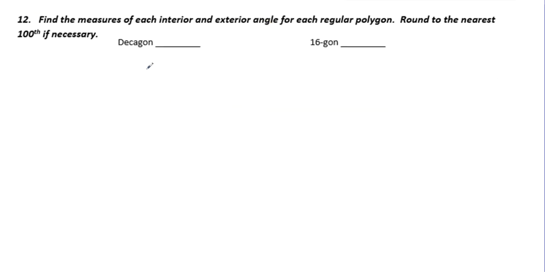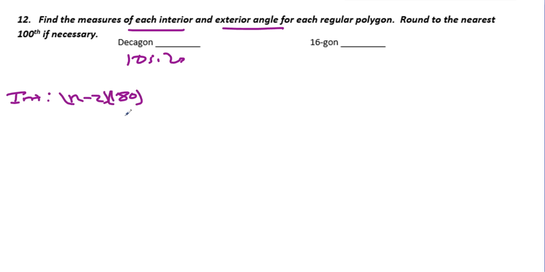So we're going to give you problems like this. So a decagon has 10 sides. You can always look these up because there's no reason to have them memorized. And if I wanted to find the measure of each interior angle and exterior angle for each regular polygon, the interior angle is nothing more than n minus 2 times 180.